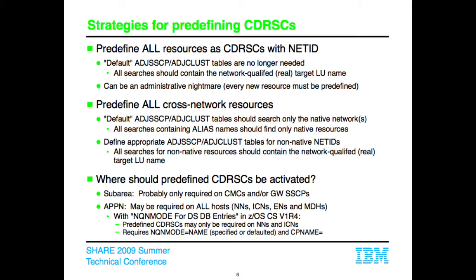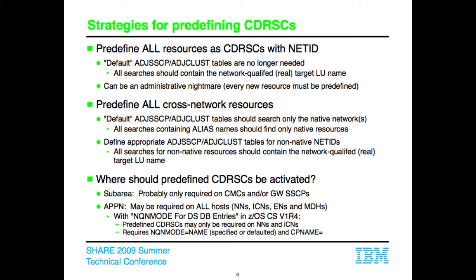Now, the question really is where should predefined cross-domain resources be activated? In subarea, you would probably only do it like you did on the previous chart with the gateway SSCP or with the alias translation. You would probably only predefine these cross-domain resources on CMCs and or gateway SSCPs. In APPN, it kind of depends on what level of z/OS Communications Server you're running.